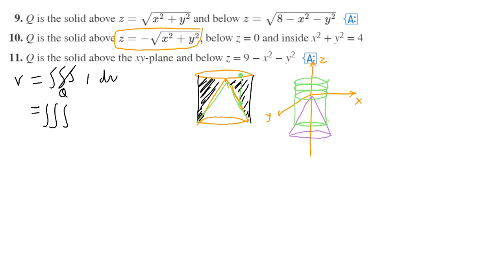From below, Z equals minus radical X squared plus Y squared, so minus R. From above, it's bounded by 0. Now what about dV? We are choosing polar coordinates. So R, dz, dr, d theta.